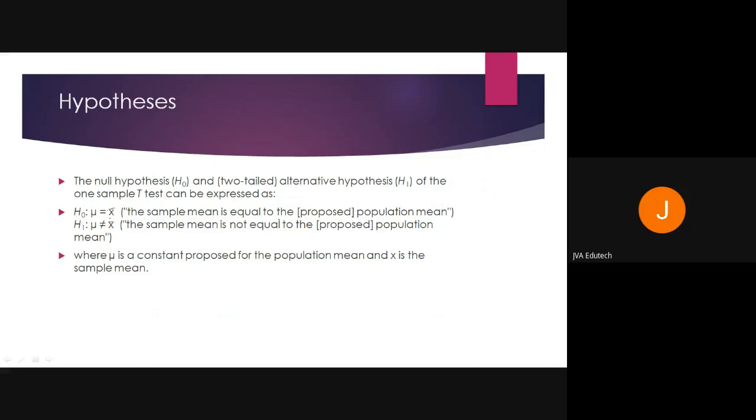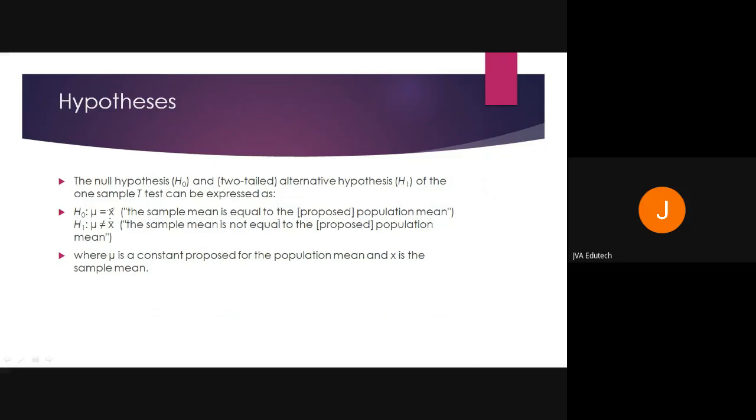So if you are saying that mu is equal to x bar, you are saying that there exists no significant difference between the population mean and the sample mean. The alternate hypothesis is expressed as mu is not equal to x bar, which means that there exists a significant difference between the population mean and the sample mean.